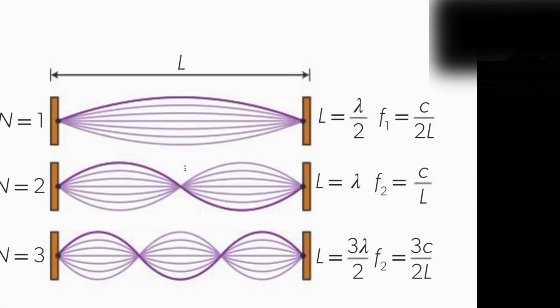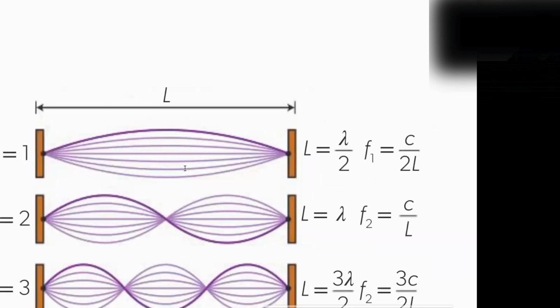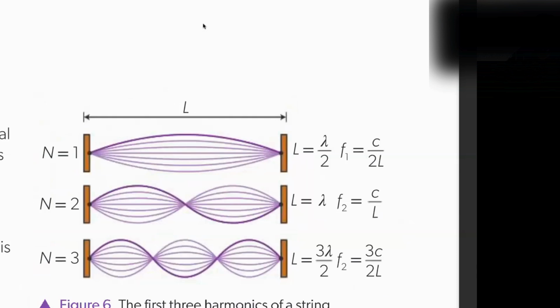Look at the first case. You will observe that you have half a wave for length L. Does that make sense to you? Yes. So this is the relationship: lambda is equal to 2L. Frequency is the number of waves per second.